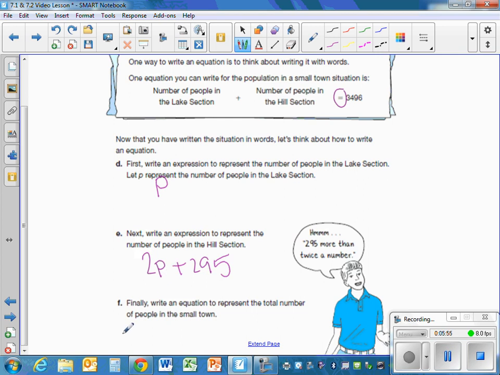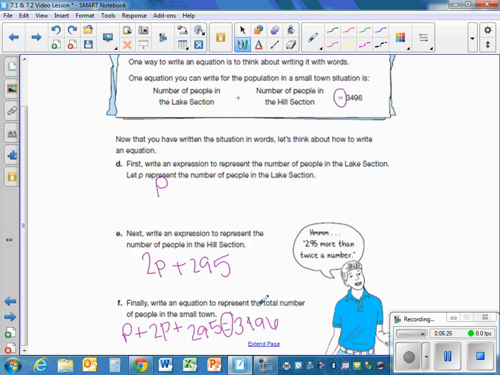So we have P, and we're adding that to the 2P plus the 295, and we know from the story problem that that is equal to the 3,496. So that is our equation. Again, equation just sets two things equal to each other, and here is our equal sign. So we have the lake population plus the hill population equals the total population.